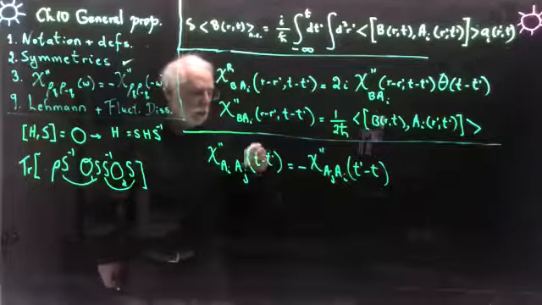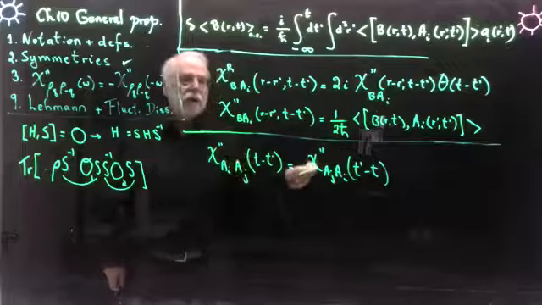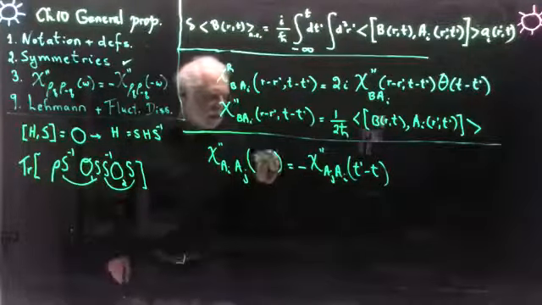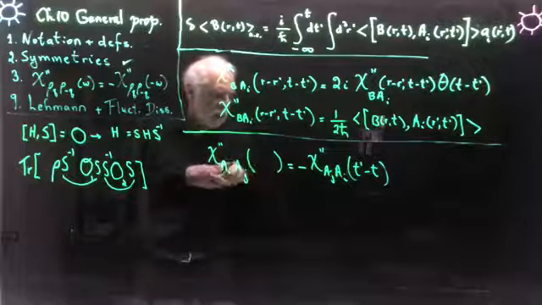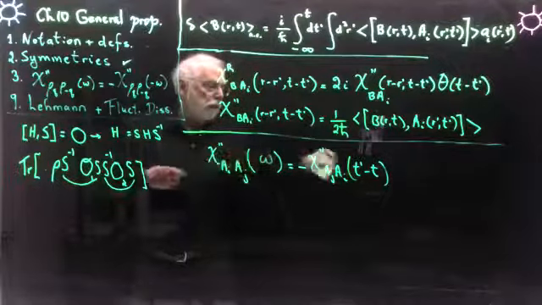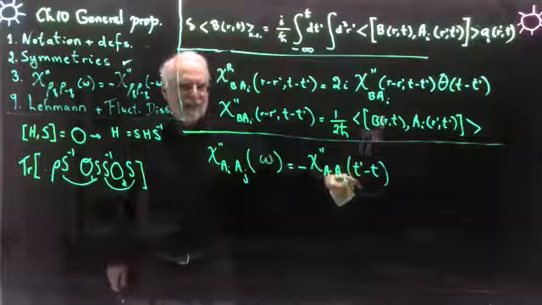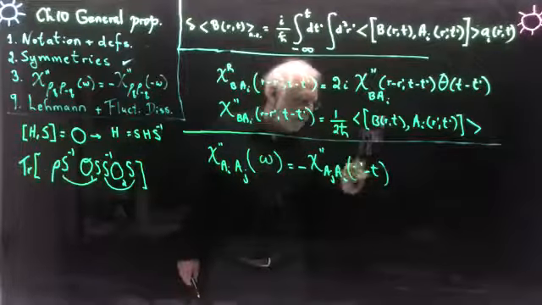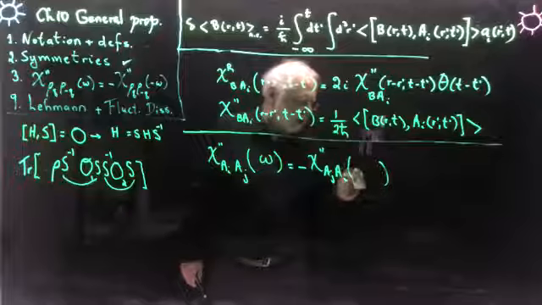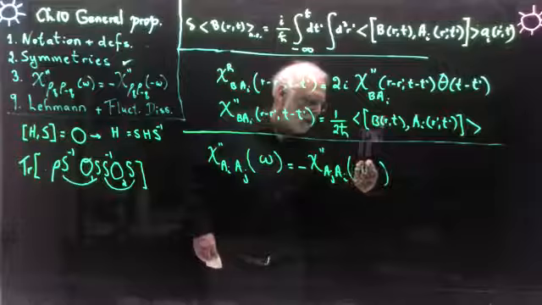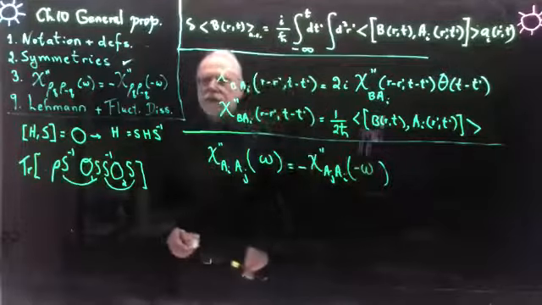So what happens if I go to frequency? I take Fourier transforms here. Suppose I take the Fourier transform such that this goes to omega. Now this will go to minus omega, because the times are the other way.